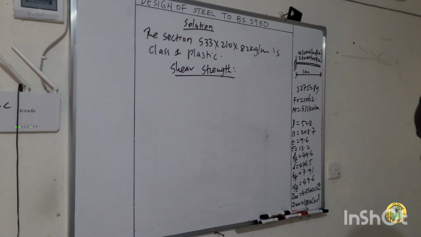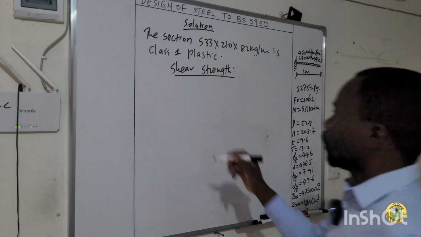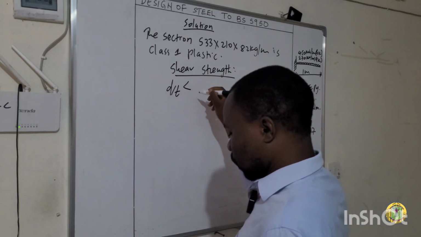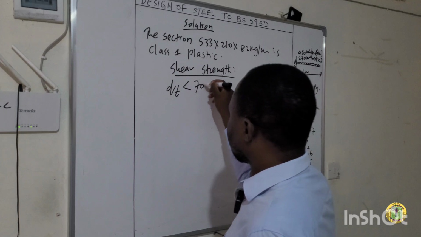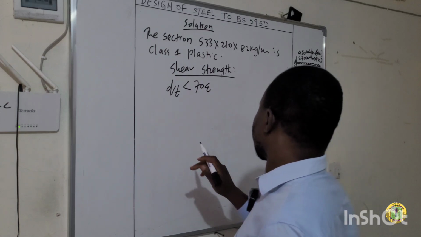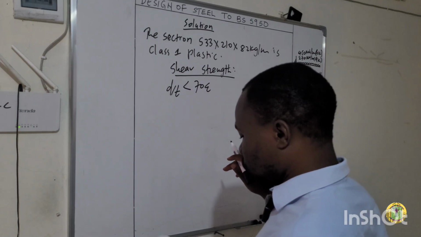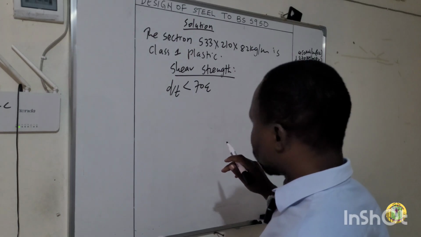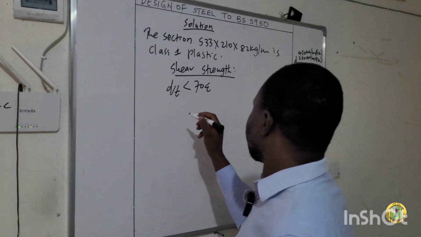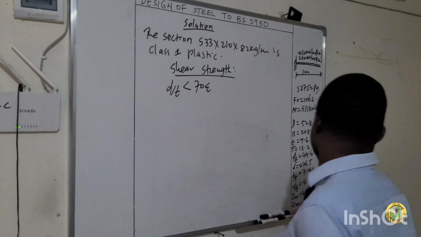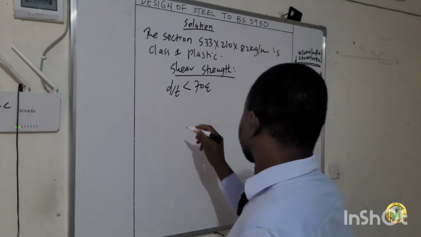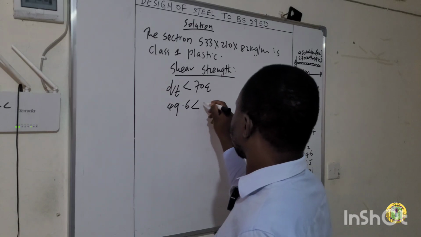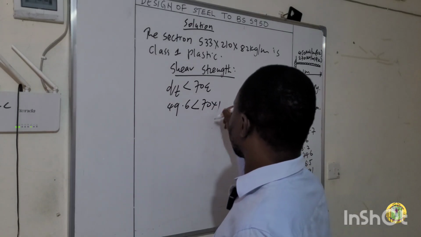So for shear strength, we know that if d over t is less than 70, then there is no need for shear buckling to be considered. So let's see, our d over t is 49.6, which is less than 70 times 1.